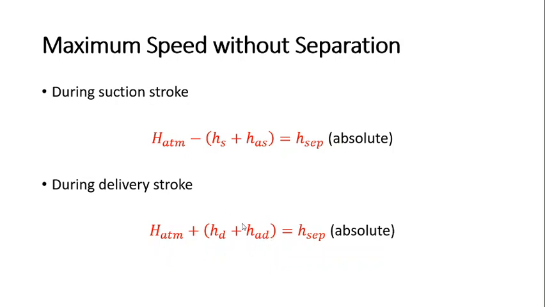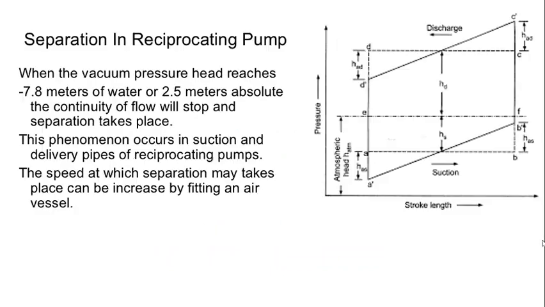So this pressure head should be equal to H separation in order to avoid separation. So this is the end of the delivery stroke.